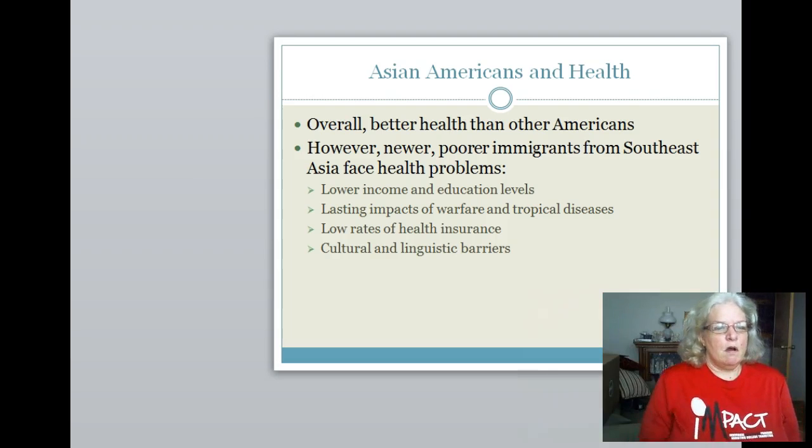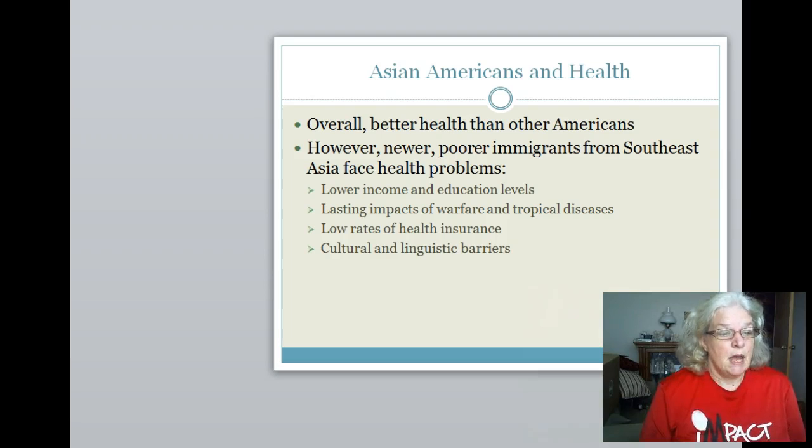Now think about this, overall better health than other Americans, also higher incomes, and it's significantly different. And if you've taken social problems, you've looked at this particular issue and know that Asian Americans do not get the same support within Fair Employment Acts because they are considered at a higher level. Oftentimes second generation Chinese or second generation Japanese with higher income, higher education levels.